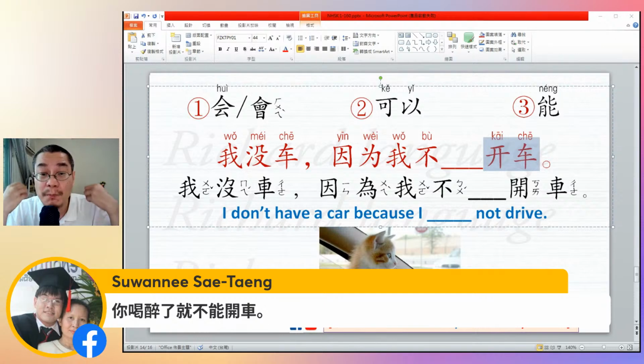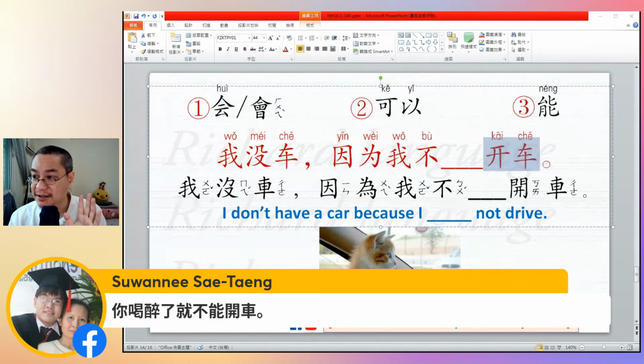When you say 你不能开车 or 我不可以开车, that means you know how to drive, but you can't drive in this situation. When you say 我不会开车, that means you don't even know how to drive a car. So that's the difference.